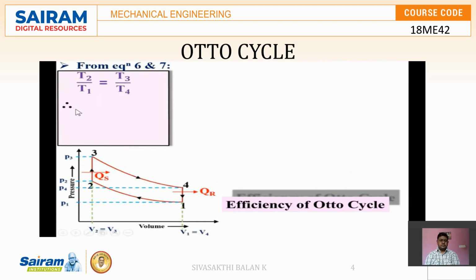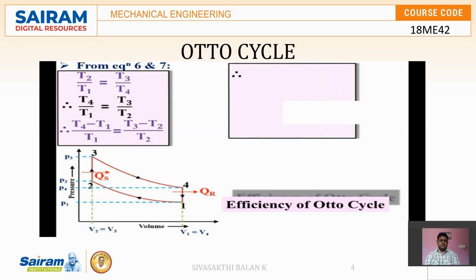So I rearrange the terms. Now mathematically I can write, by using rationalization, T4 minus T1 upon T1 is equal to T3 minus T2 upon T2. So further simplification, I can say T4 minus T1 upon T3 minus T2 is equal to T1 upon T2.